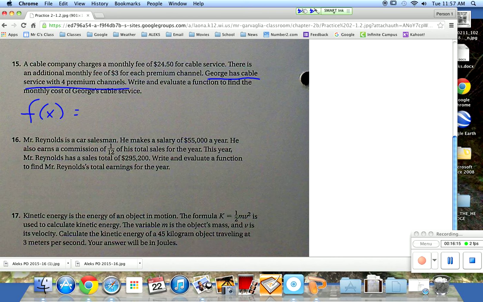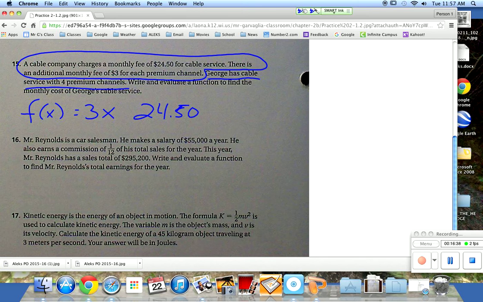So we want to look at this stuff right here. This is where we want to start. We know that it's $24.50 no matter what. They're going to charge this no matter what, right? But it's $3 for each premium channel.